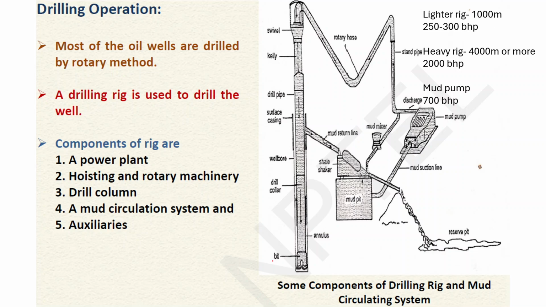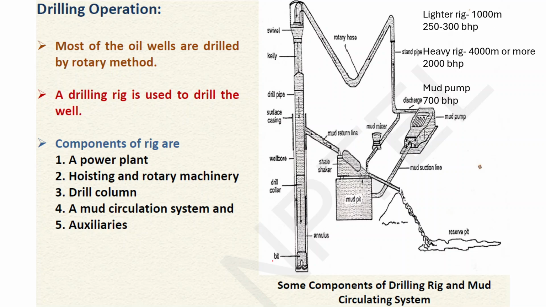So this is basically a drilling operation. Most of the oil is drilled by the rotary method. Basically, a drilling bit is present, which keeps on rotating and keeps on cutting the rocks and soil below the earth's surface. We will talk about this in coming slides.